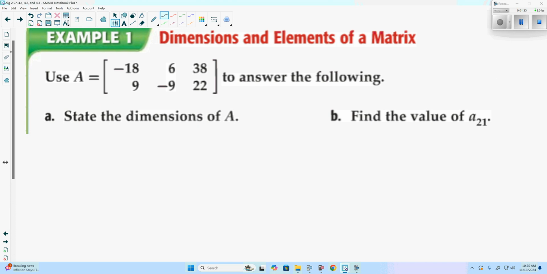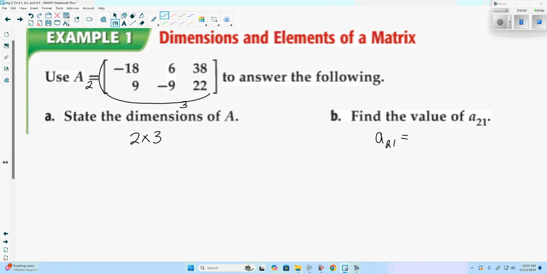So for this here, use matrix A to answer the following questions. So the first thing we want to do is state the dimensions of this matrix. It has 2 rows and 3 columns, so it is a 2 by 3. So that's the dimensions of matrix A. Now the other thing they want us to do, and what we're going to do, is find element A21.